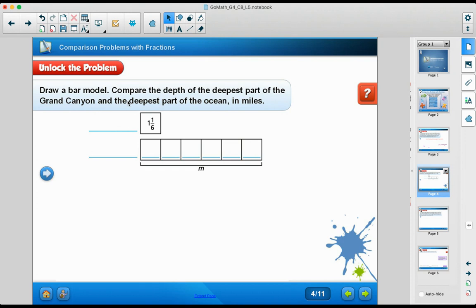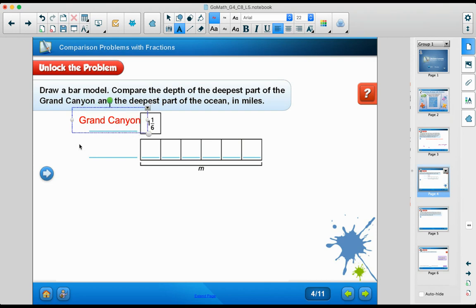Draw a bar model. Compare the depth of the deepest part of the Grand Canyon and the deepest part of the ocean in miles. So this is 1 1/6, the Grand Canyon, and this represents the ocean.